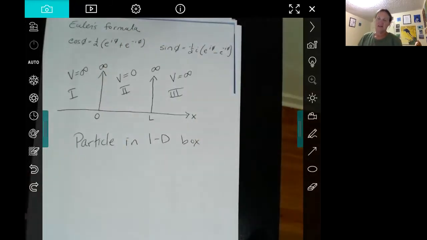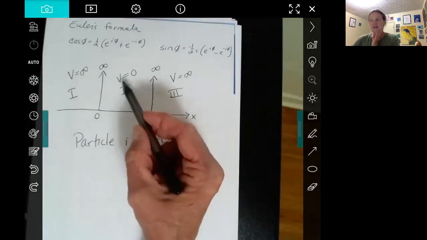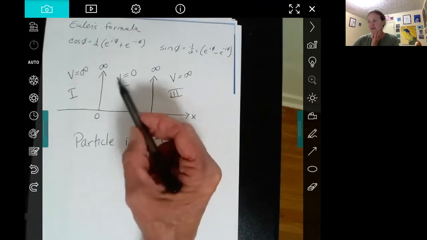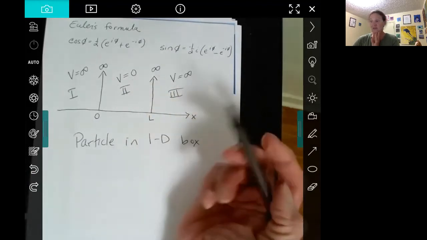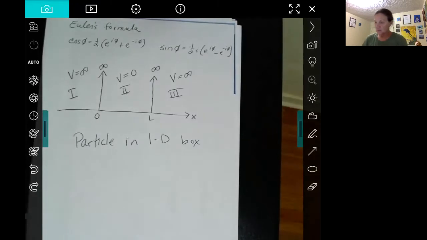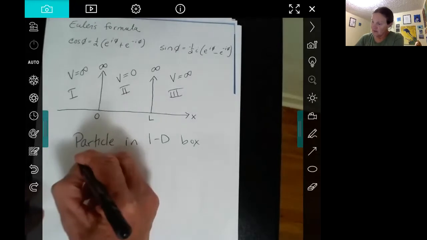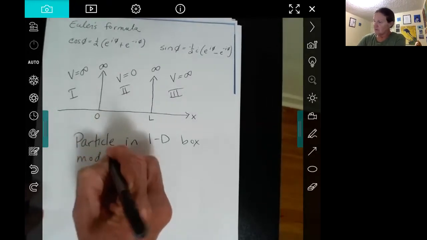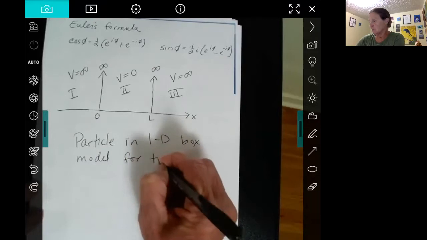That's a lot like thinking of maybe the box has a gas molecule, a perfect gas molecule, flying around. Maybe there are more gas molecules in there, but they don't interact with each other when we call things perfect gases. And so there's never any potential energy of interaction as long as you're within the region 0 to L. So we want to solve the quantum mechanical problem for this translational motion. So this is a model for translational motion.